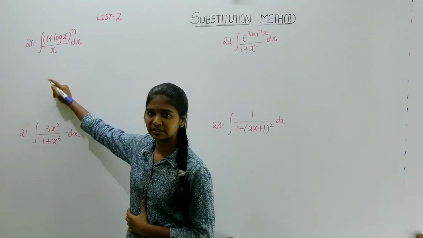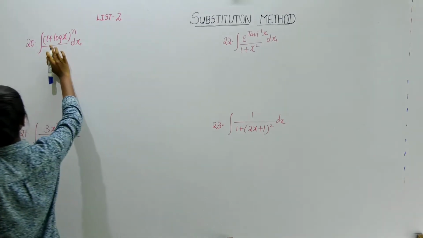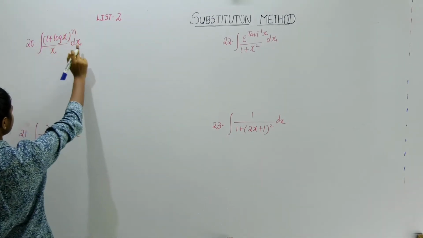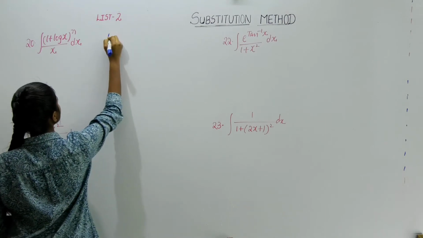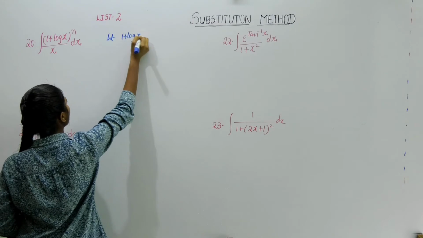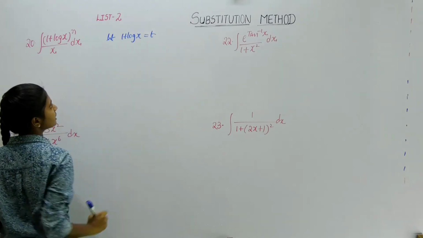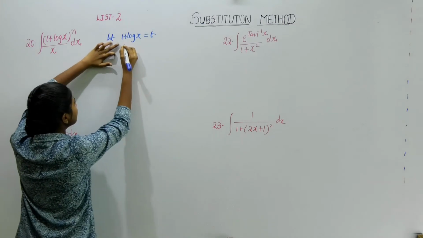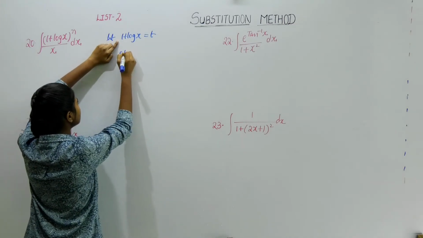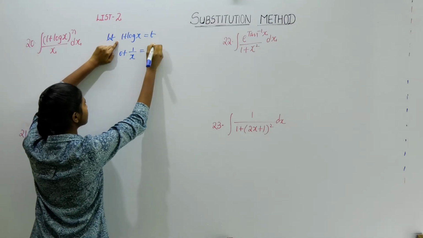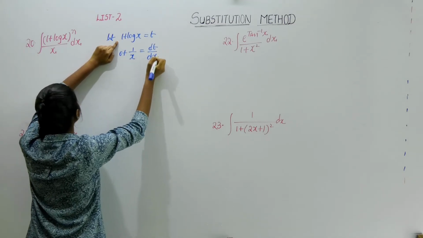Next, 20th question. It is given as integral 1 plus log x whole to the power of n by x dx. To solve this, let us assume 1 plus log x is equal to t. On differentiating with respect to x on both the sides, d by dx of 1 is 0, plus d by dx of log x, 1 by x, is equal to dt by dx.